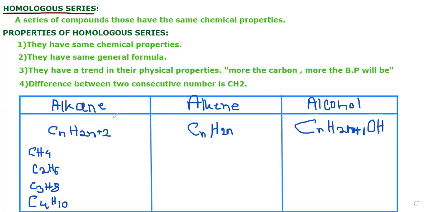And let us write down some alkenes starting from ethene, C2H4, C3H6, C4H8.